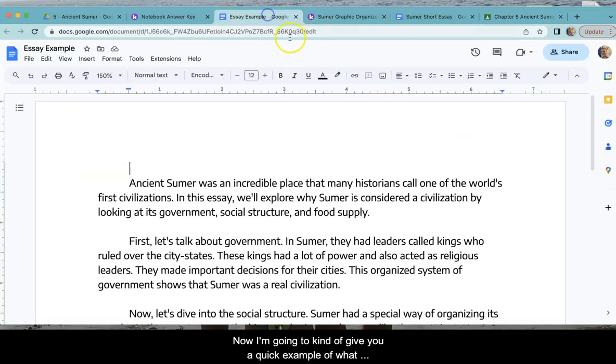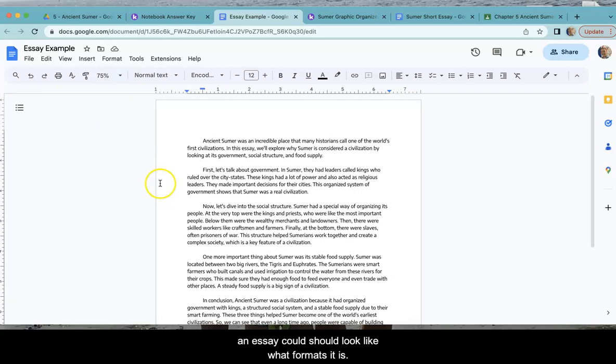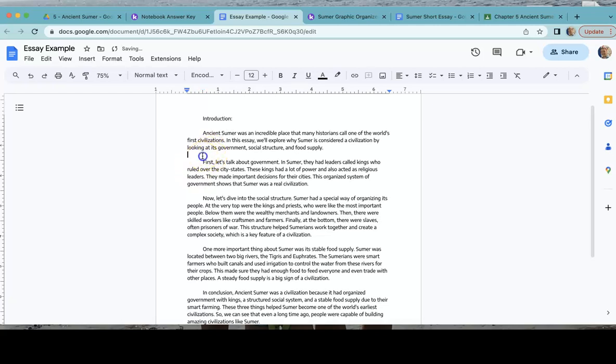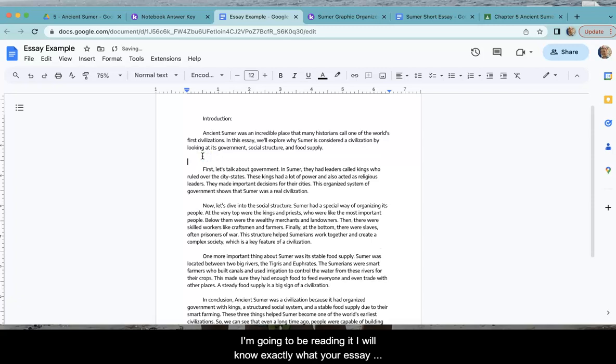Now I'm going to give you a quick example of what an essay should look like, what format it is. I know many of you like to label your sections like such, but I'm going to be reading it. I will know exactly what your essay is going to be about. There is no need to add these labels. Okay?